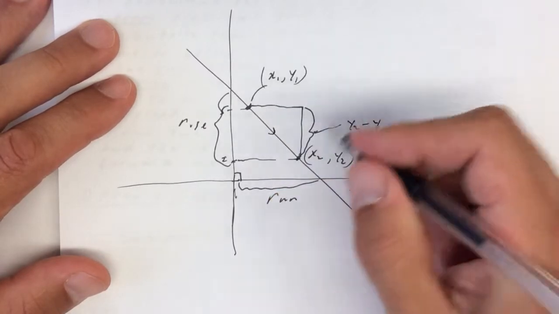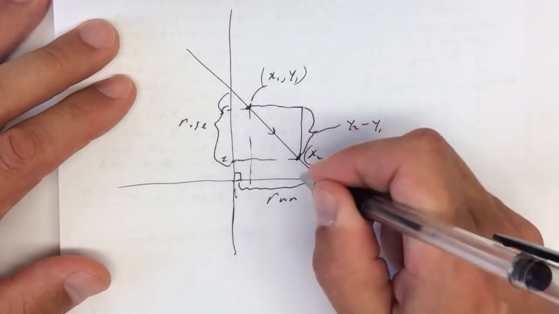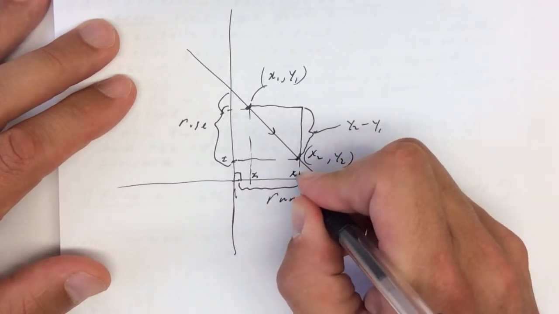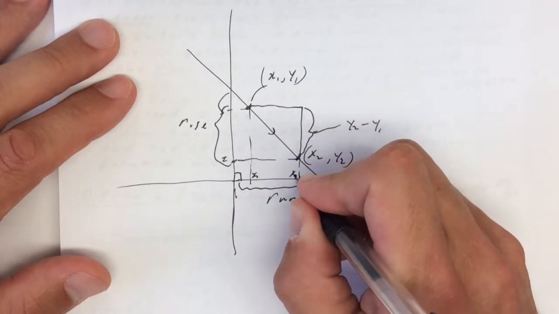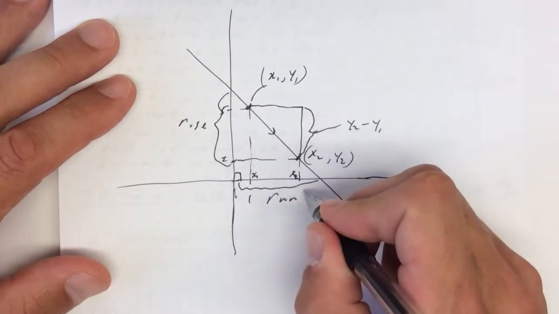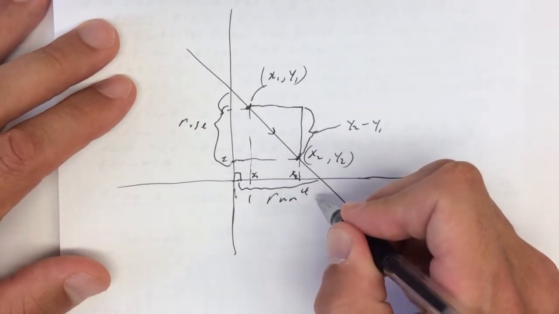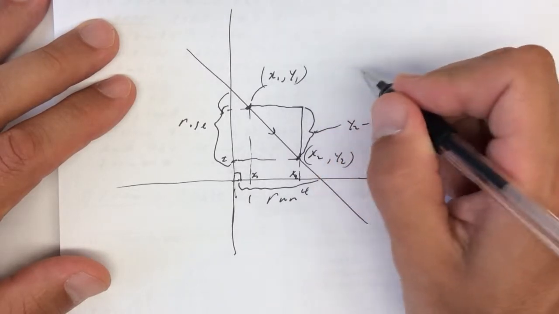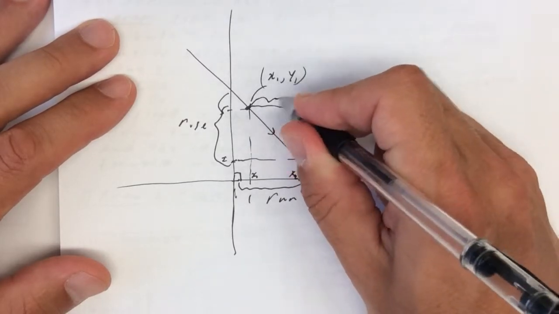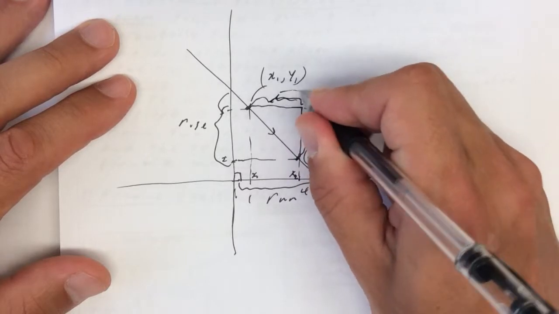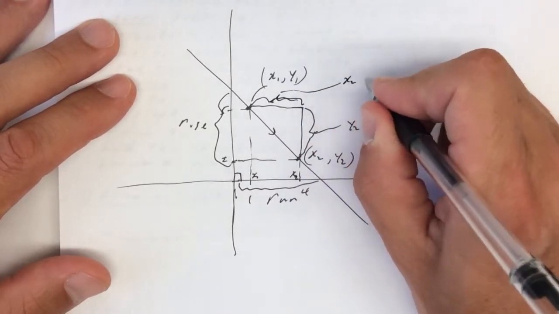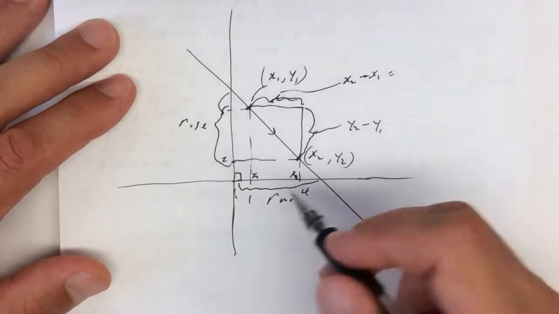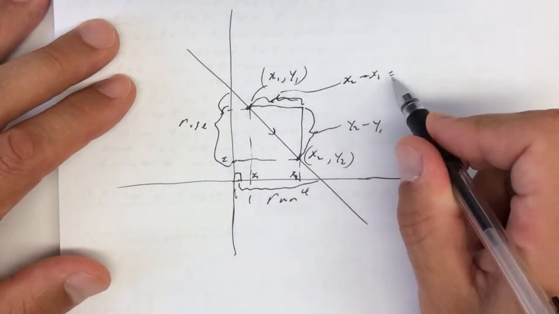The run, well, that's the difference in the x's. So there's x1, x2. So say that's a 1 and that's a 4. Then the run is going to be x2 minus x1, and that would be 4 minus 1, which would be 3.